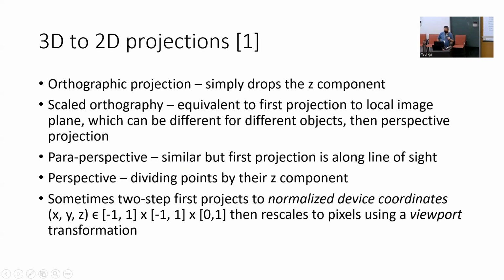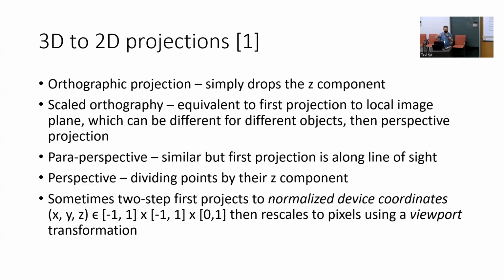All right. I don't have too much to say about 3D to 2D projections other than, wow, I never thought that projecting a 3D scene to 2D could be so complicated. The geometric thing that I was taught was this perspective one, where you divide things by their z component.